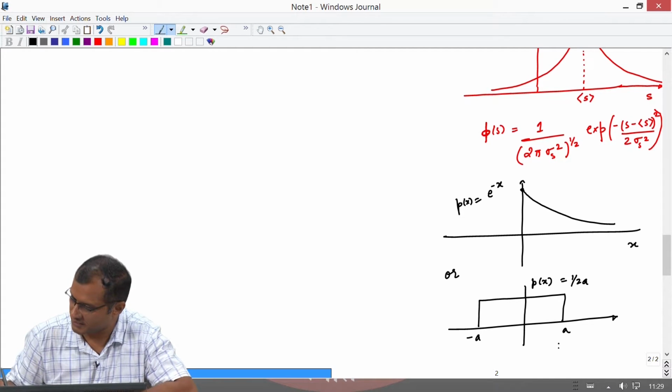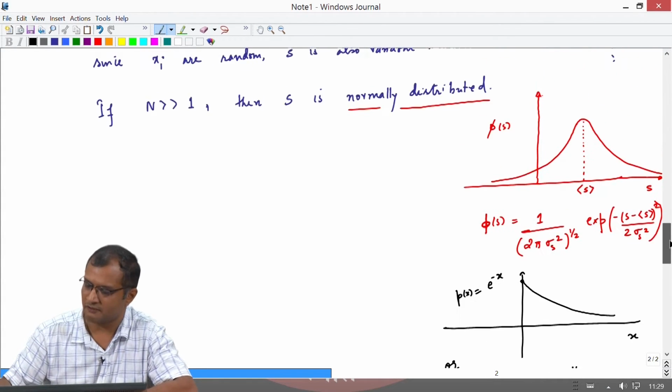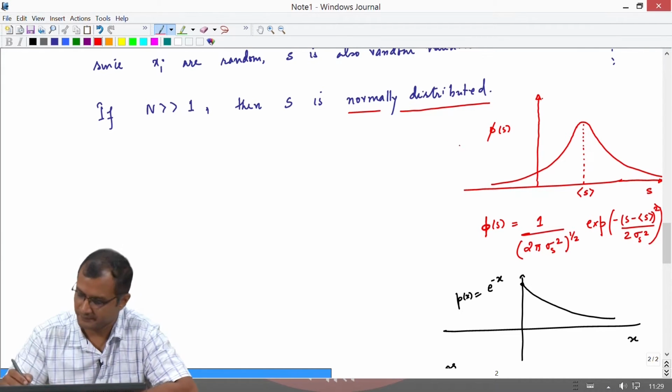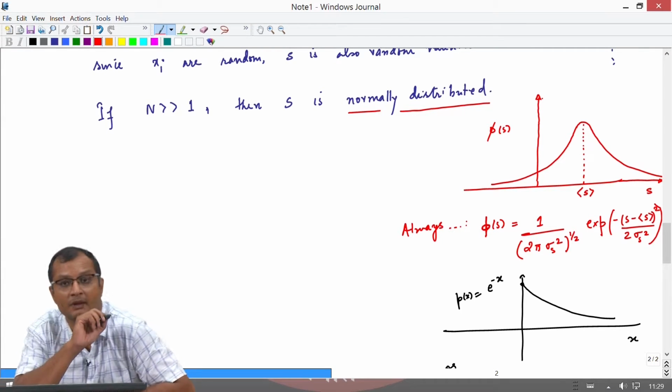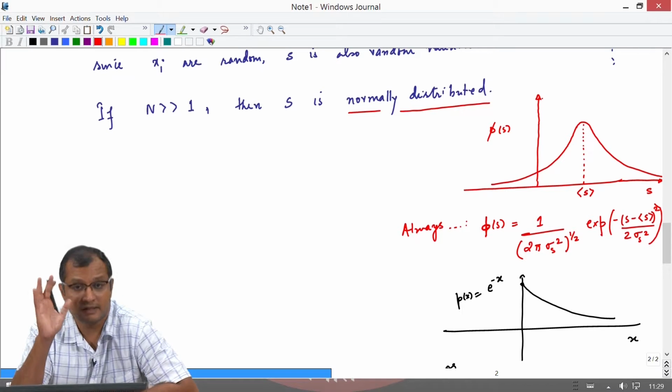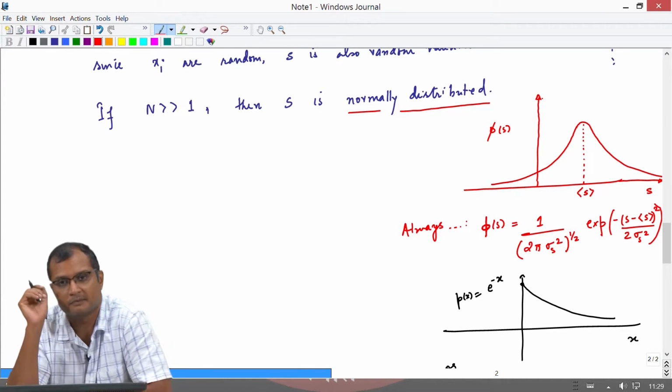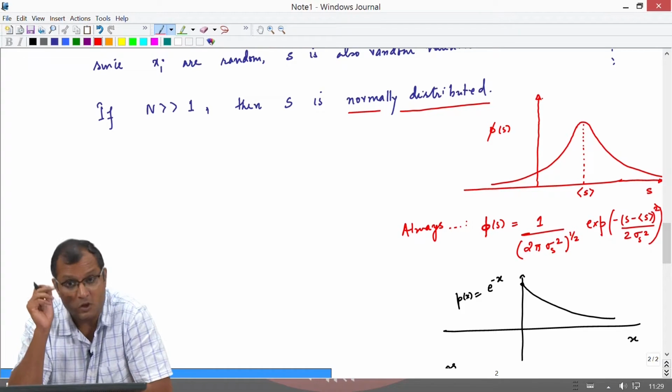You can take any P of x, your phi of s will always be normally distributed. Beautiful result, it does not care which PDF you take, as long as you take a large number of them, the sum will be normally distributed.